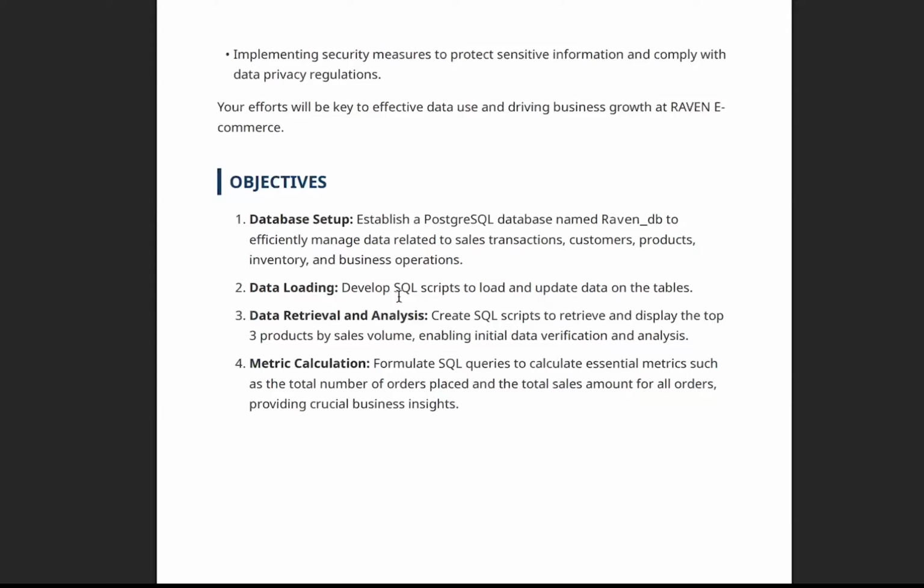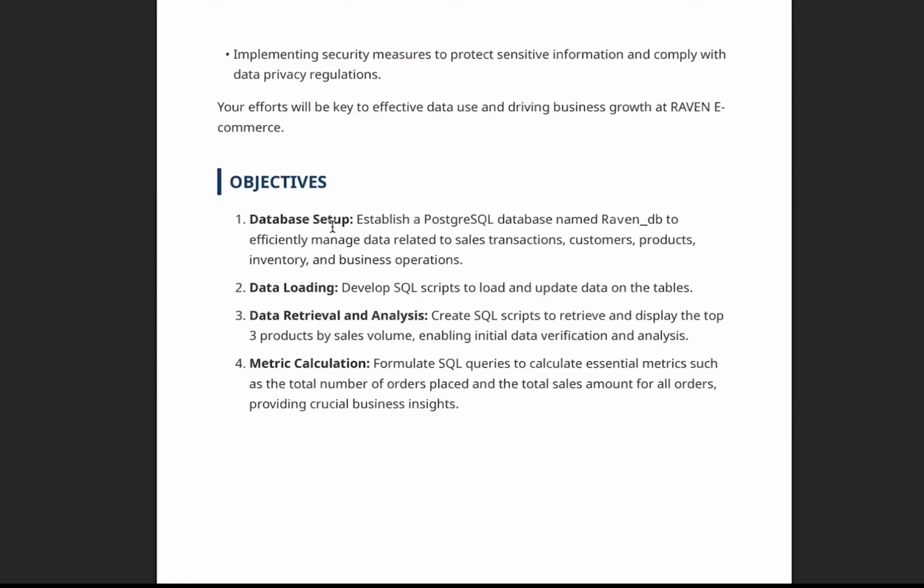So develop SQL scripts to load and update data on the tables. Then data retrieval and analysis, where we'll do one or two analyses. Create SQL scripts to retrieve and display the top three products by sales volume, enable initial data verification and analysis, and we'll do our metric calculations.